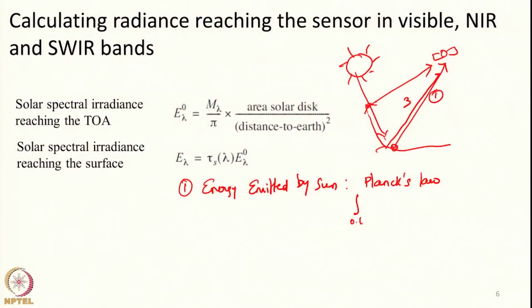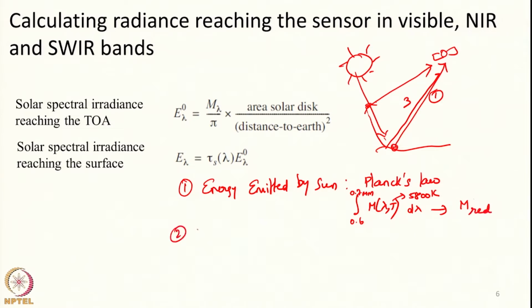The red band is essentially 0.6 micrometer to 0.7 micrometers. So first we calculate the energy emitted by the sun in this wavelength: integrate Planck's law M(lambda, T) between the limits 0.6 to 0.7 micrometers. The sun's temperature you can assume to be 5800 Kelvin. If you do this integration, we get the energy emitted by the sun in the given wavelength, which we call the red band.